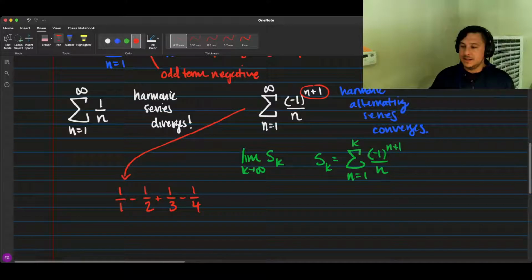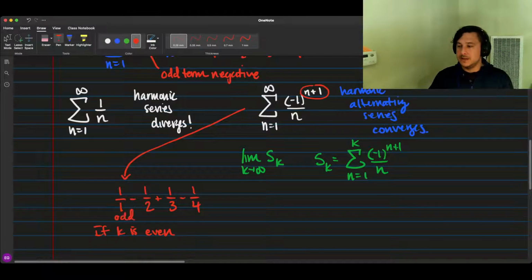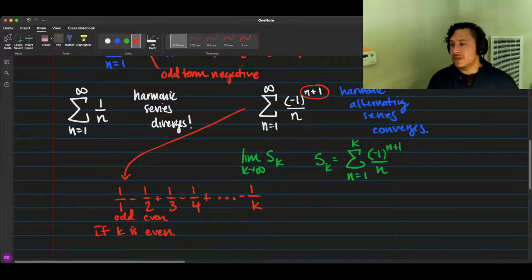So if k is even, okay, so this one is odd, so the evens would be negative. So we would have plus dot dot dot minus 1 over k. And then the way that you can go through this is that you can rewrite this by looking at them in pairs.